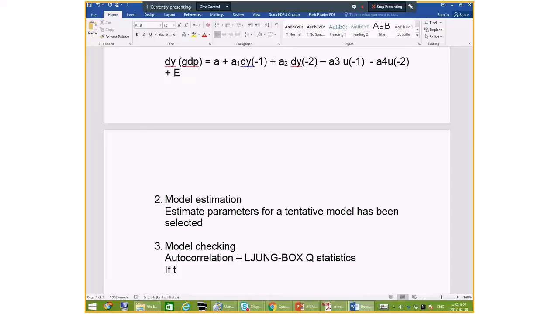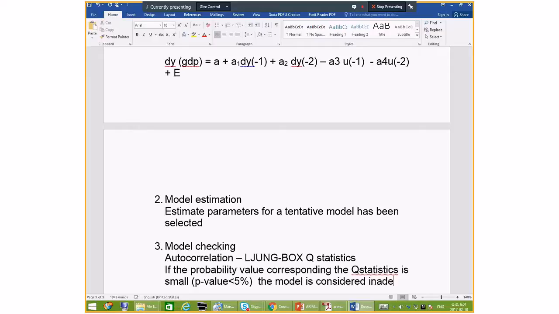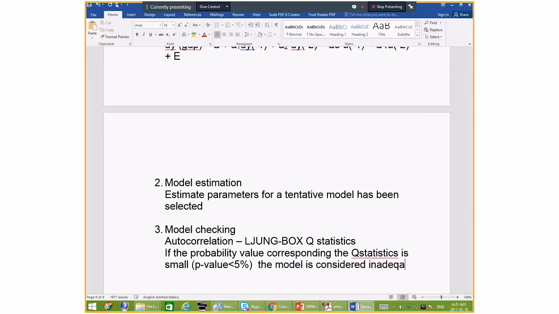If the probability value corresponding to the Q statistic is small, for example, less than 5%, the model is considered inadequate.